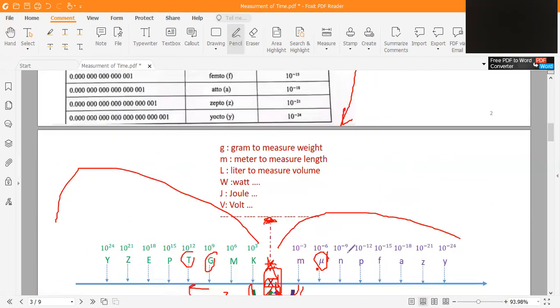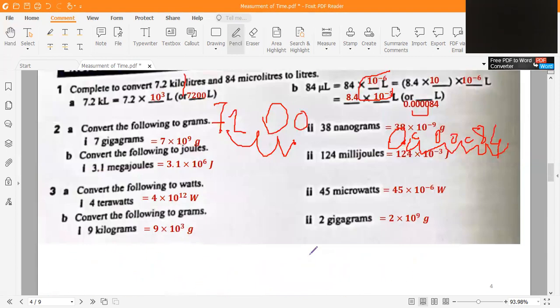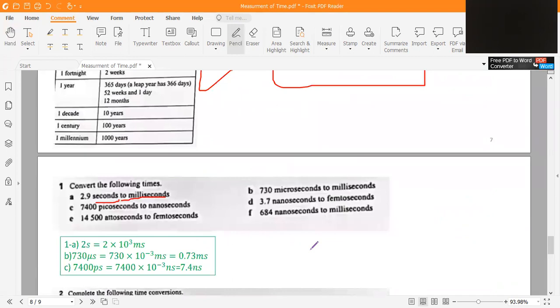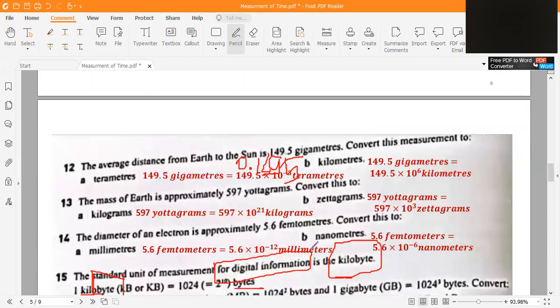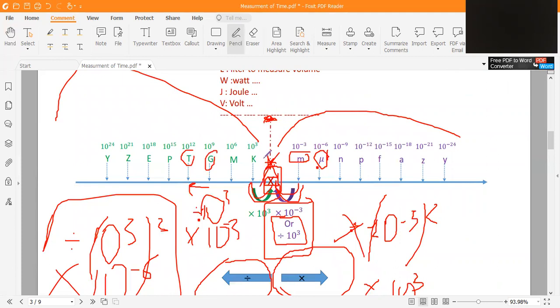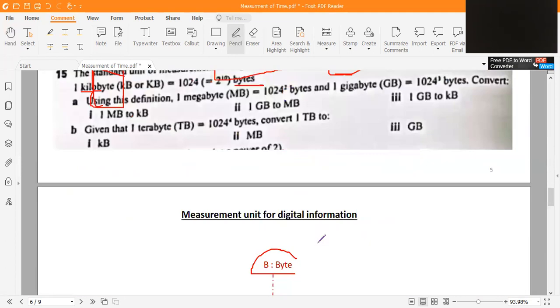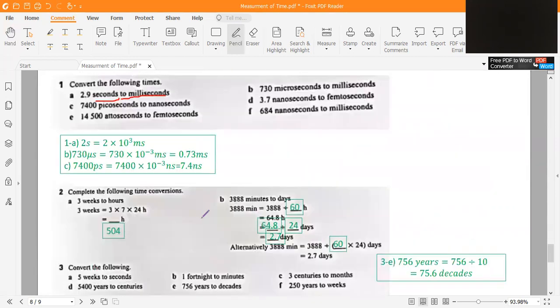We are in the second, at the red cross here, and we want to move to millisecond. So we move from left to right, multiplying by one step, 10 power 3. So 2 times 10 power 3 is equal to 2,000 milliseconds.